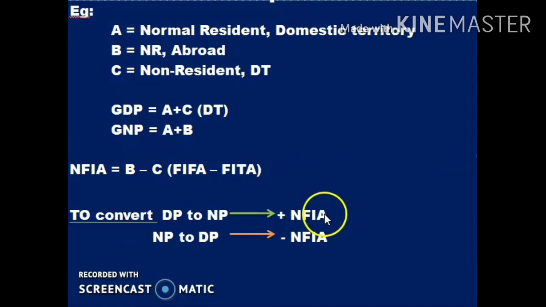The NFIA will be given in the questions, or otherwise we have to find it by subtracting FITA from FIFA. Next, to convert national product to domestic product, we have to subtract NFIA. Since it is a domestic measure, we have to subtract the income from abroad.